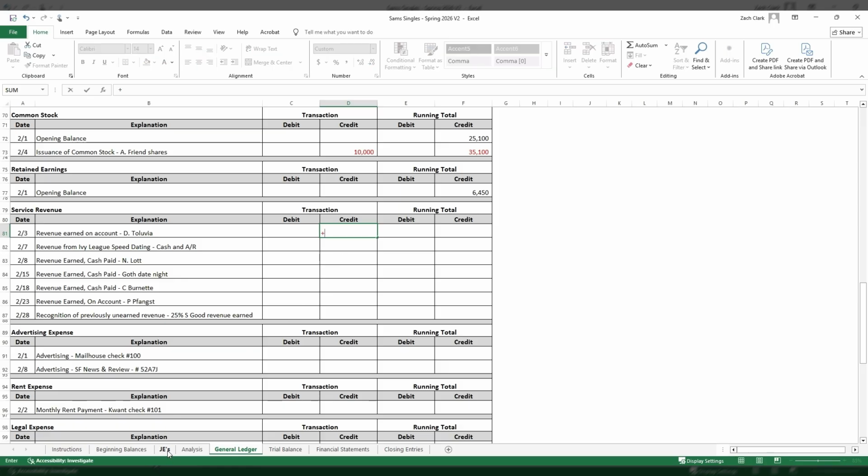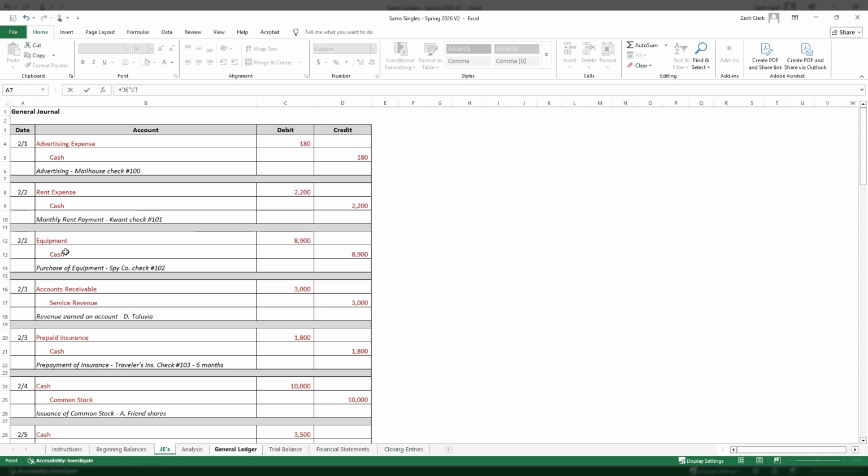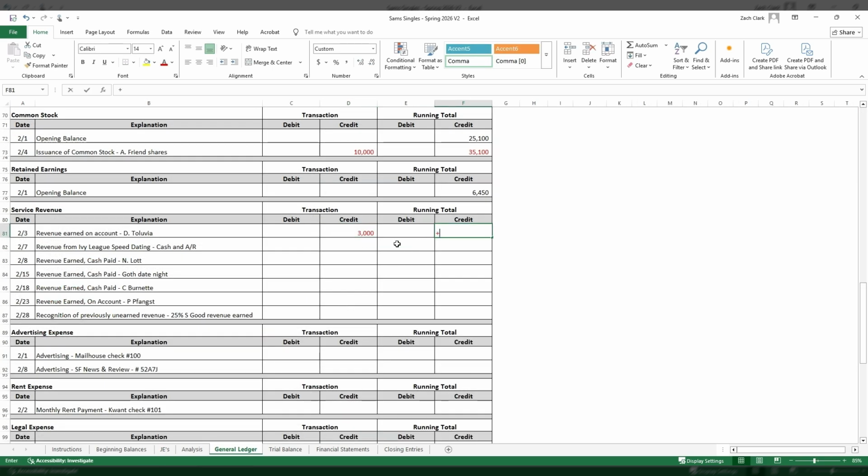Okay, so let's see, on the 3rd, service revenue, here we go, 3,000. There's our credit. Again, no opening balance, but we will count for that in the running total regardless. It's not often that you see, other than the closing entries, a reduction of revenue, as opposed to cash or AP or other accounts, receivables and payables.